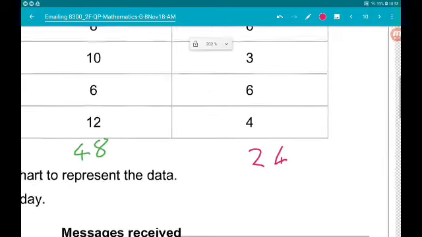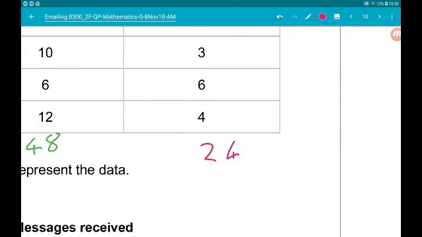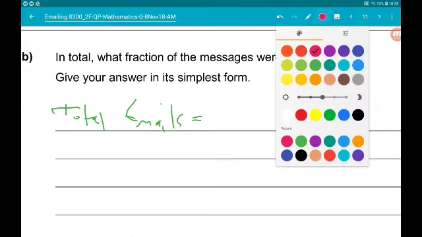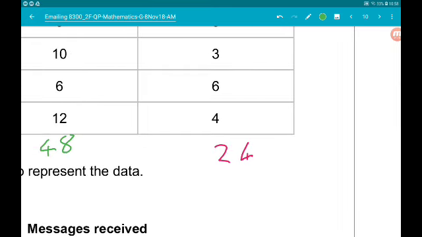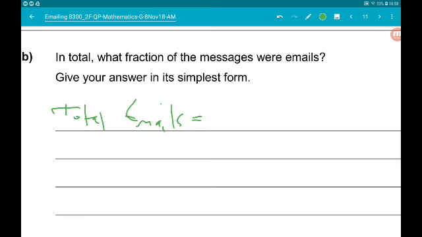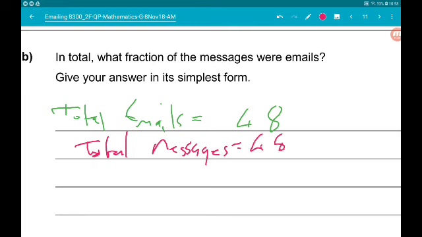So his total messages, well, let's do that over here. Okay, so his total emails was 48. His total messages was 48 add 24, which is 72.